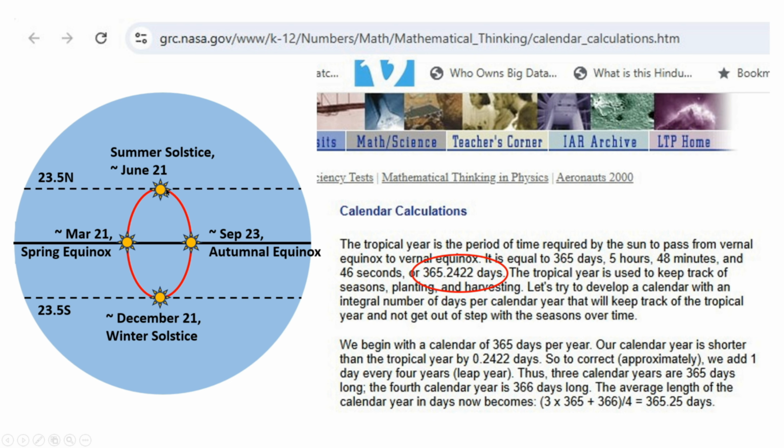If you are at 23.5 north and you look overhead on December 21st, you will not find the sun directly overhead. It will be towards the south, even at 12 o'clock in the afternoon. Even though the sun will be exactly on this longitude, it will not be overhead, but towards the southern direction. So this cycling is what causes the seasons. This is the summer season, this is the winter season, and so on.